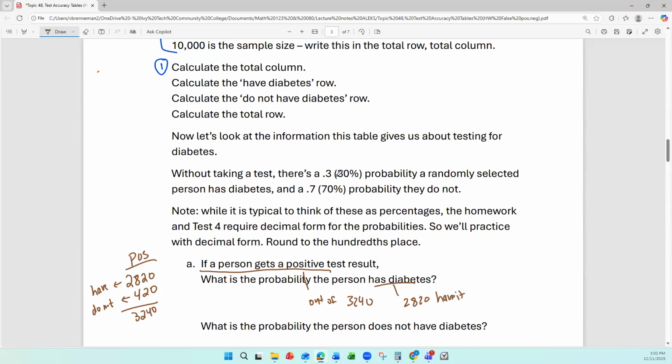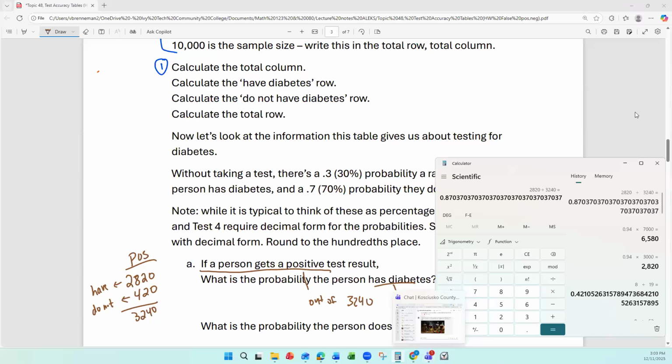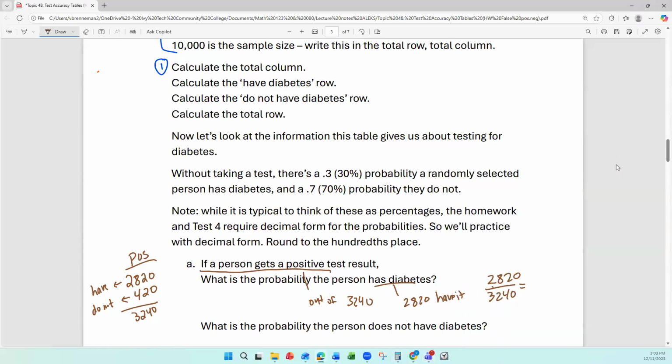This person doesn't know if they have it or not. All they know is what the test tells them. But based on the test accuracy and the prevalence, we can say, all right, you have that test. Not a 100% guarantee that you have diabetes, but it is 2,820 out of 3,240, which is 0.87. We would say 87% probability. A lot higher than the 30%, but still not guaranteed.